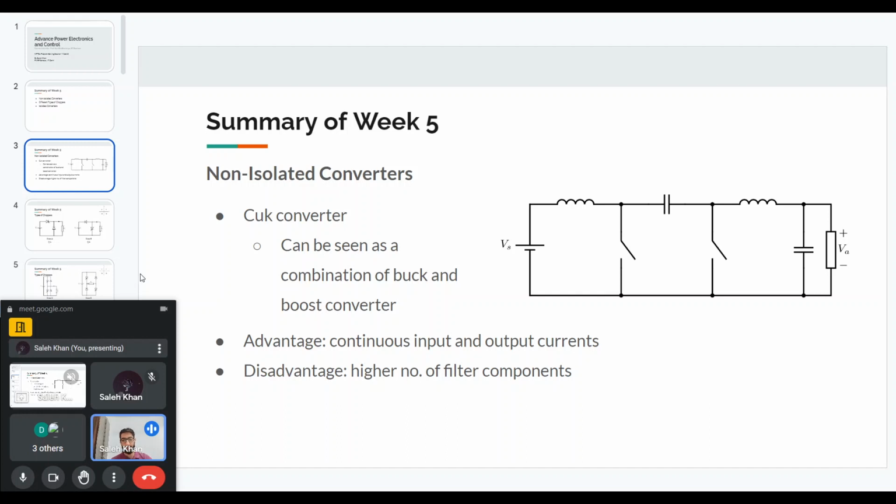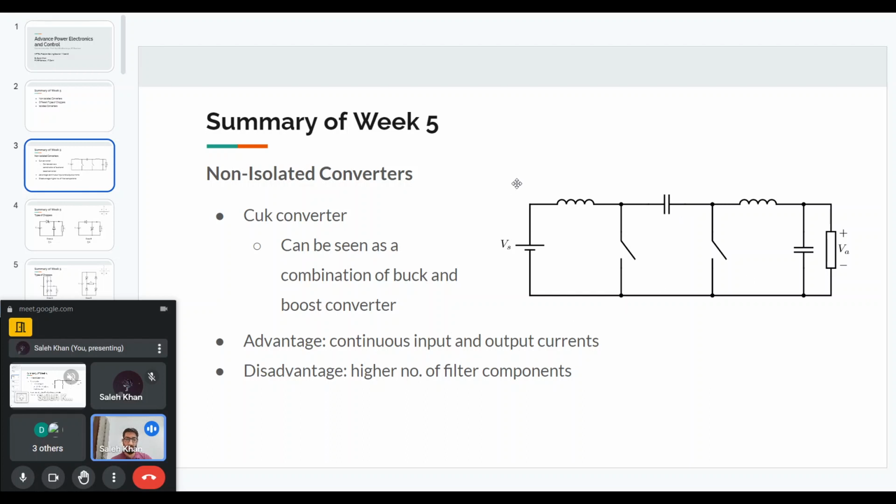So for example, here we have a Chuk converter. It is named after the person who introduced it. And yes, you can imagine it as a combination of buck and boost converter. If you see the first portion, it is from the boost converter. The boost converter has an inductor at the start and then one switch and then another diode and the load.